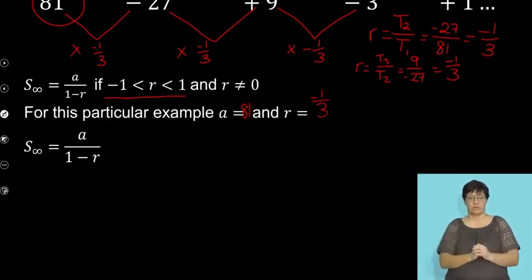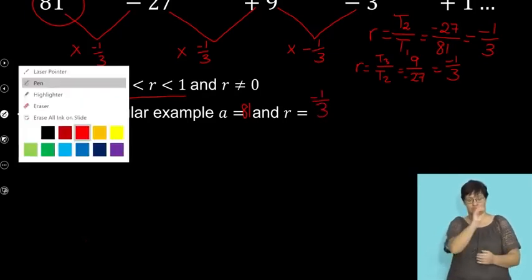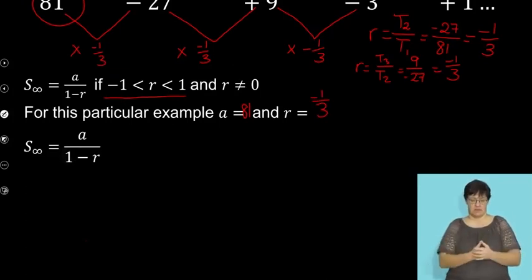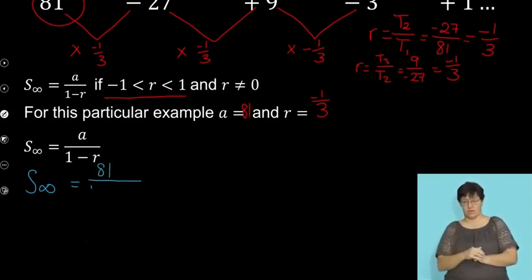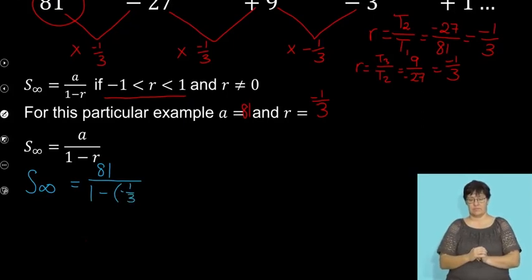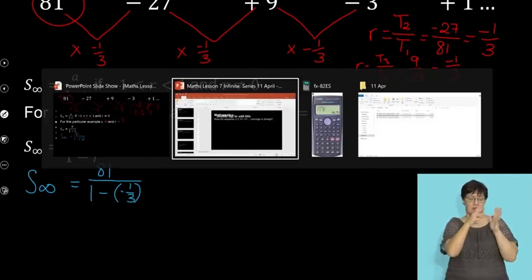So at this point, I'm now going to substitute into my formula. So the sum to infinity will be equal to A, which is 81, over 1 minus my ratio, which is negative 1/3. We're now going to substitute all of this into my calculator.